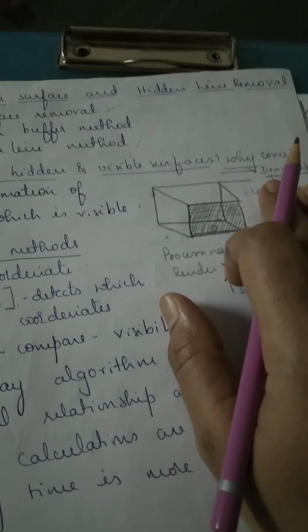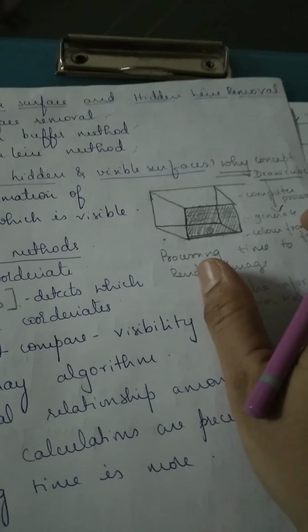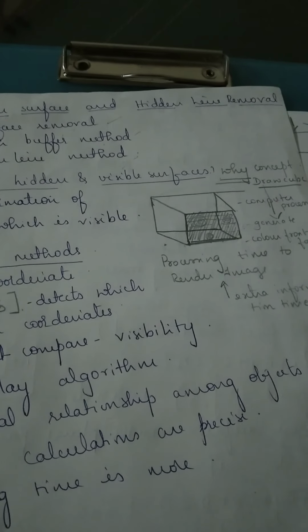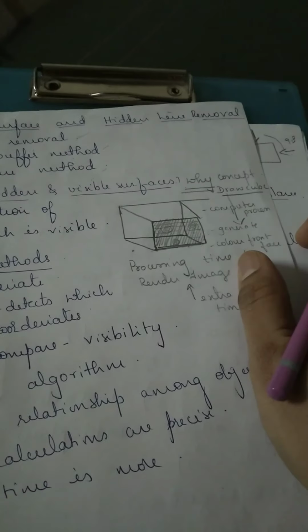Now what will the computer do? While processing, it will take all the information, generate it, and display it on the screen.